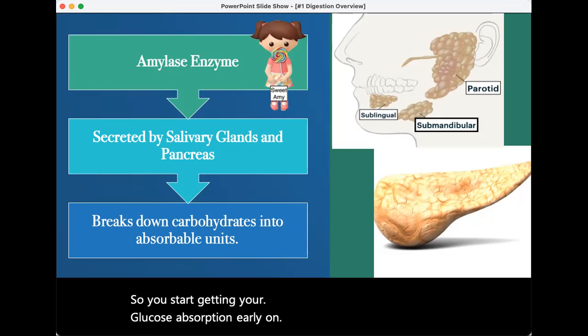And the way I remember amylase is a student I had in class, name was Amy, and every day in class she'd bring a bag of candy and work on her candy during class. So I always called her Sweet Amy. That amylase enzyme starts breaking down those carbohydrates.